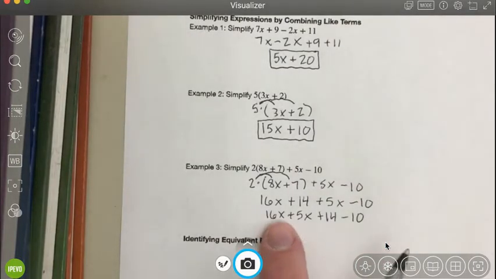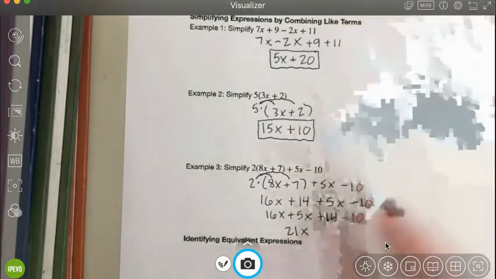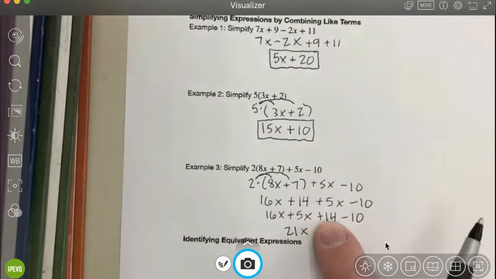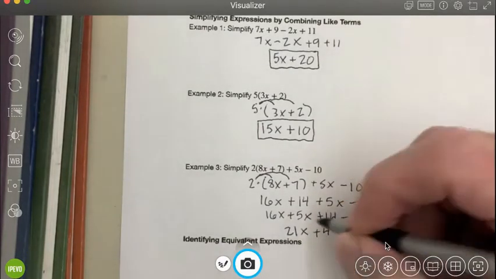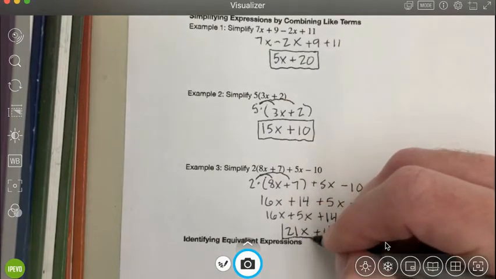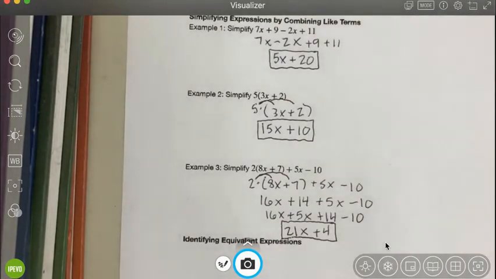If I have a 16x plus a 5x, really that tells me I have a 21x. If I have a positive 14 minus 10, then I'm still going to have plus 4 left over. Once again, there are no like terms left, and so that's my simplified expression. All right. So those are three common examples that you're going to see.